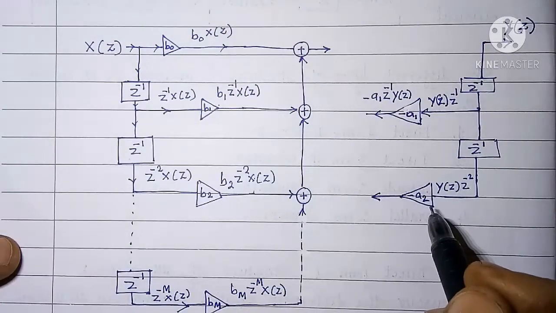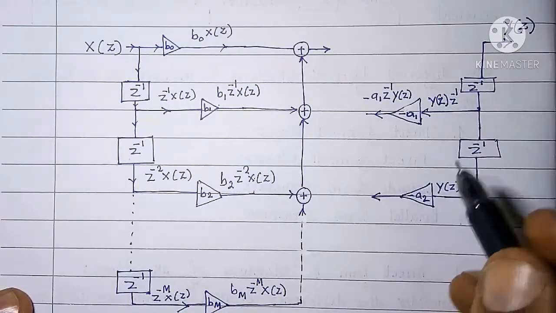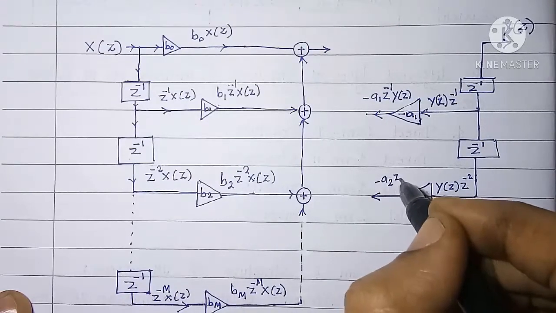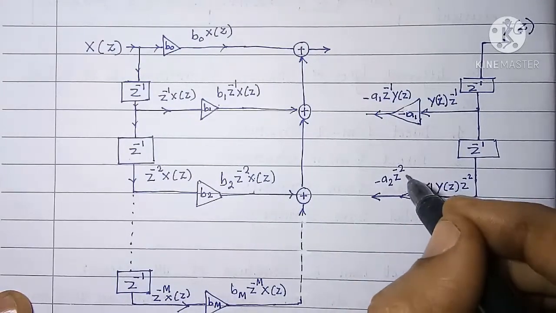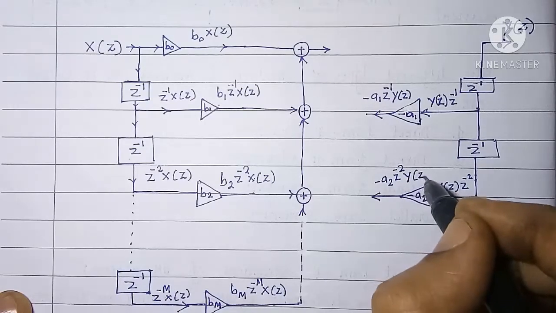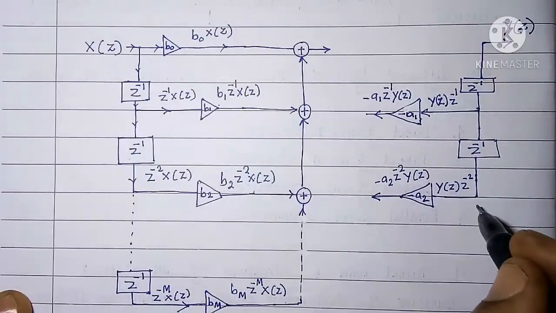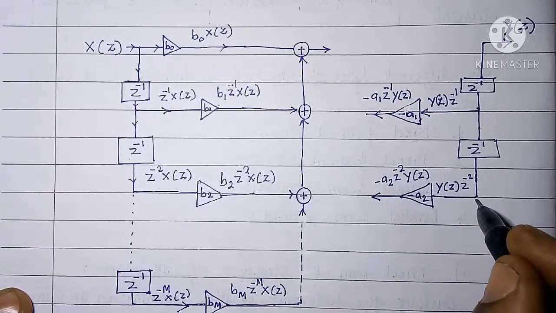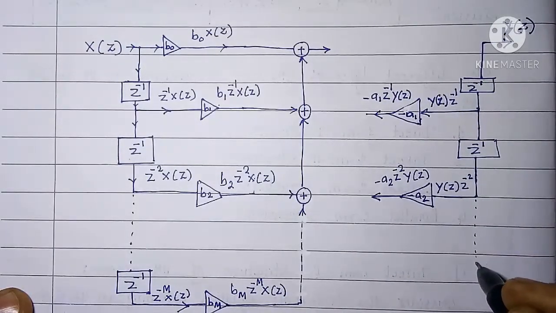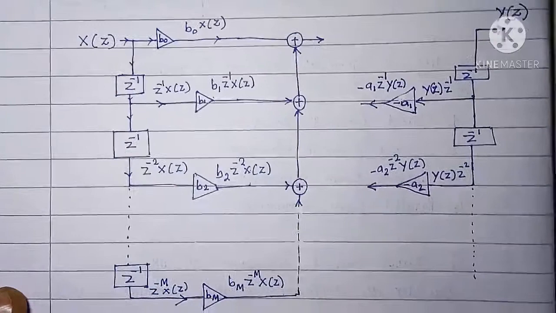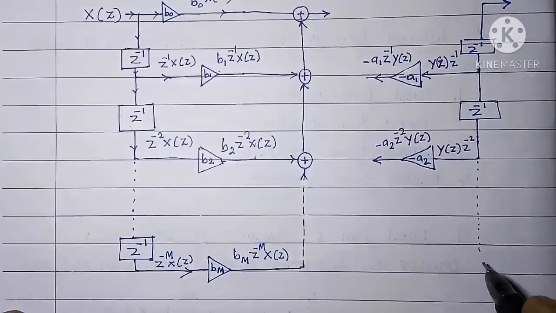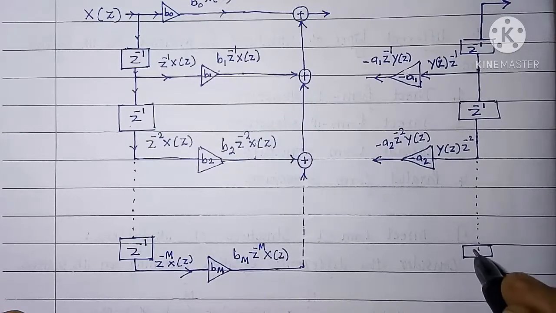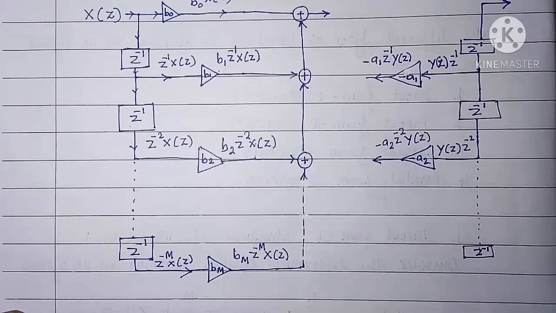The output of this multiplier will be now minus a2 into z raised to minus 2 into y of z, and on this side we will show dash dash dash z raised to minus 1.